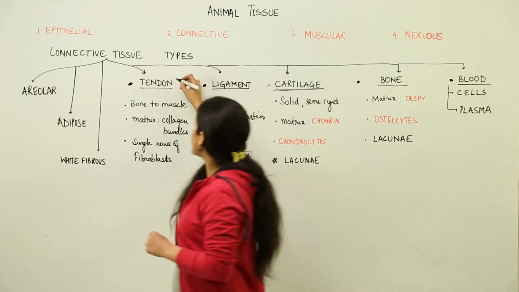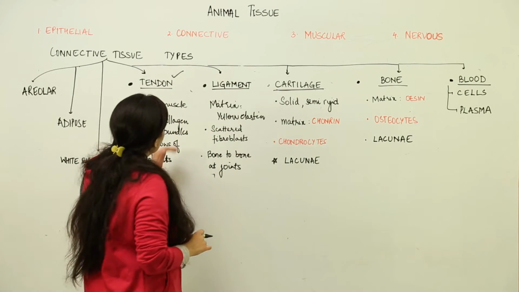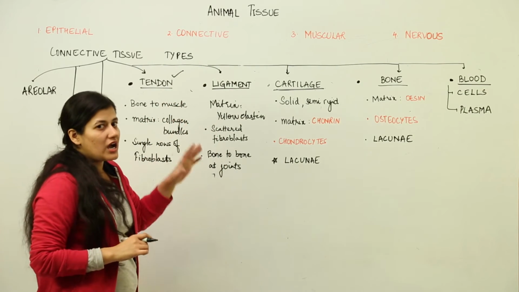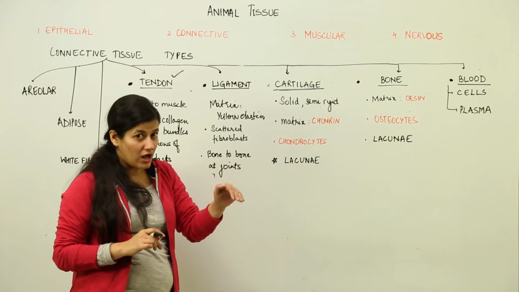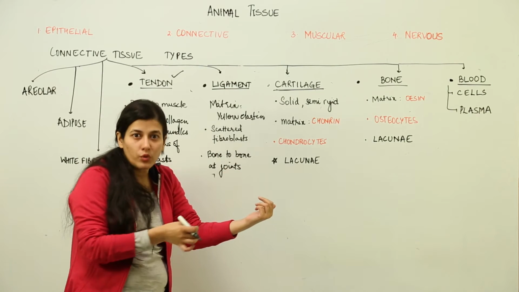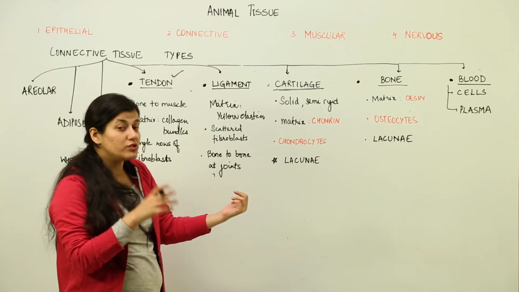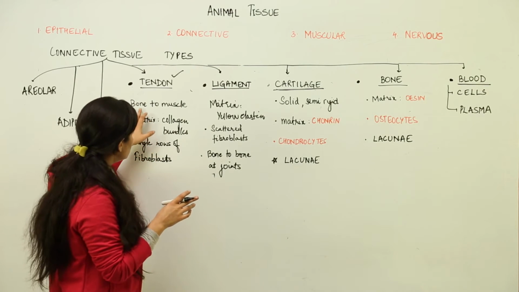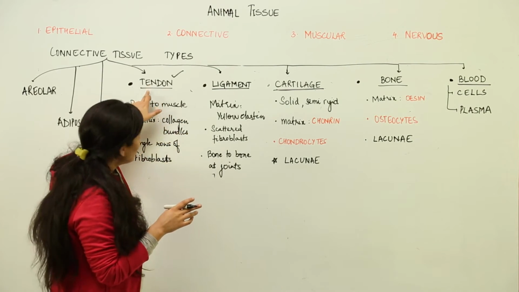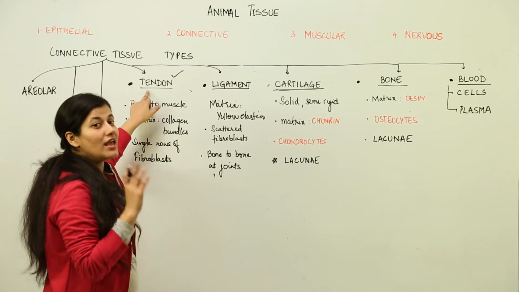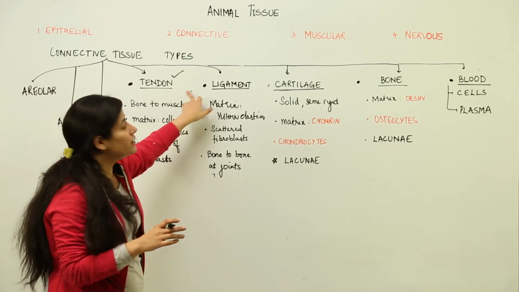So let us see the case of tendon first. Now what is a tendon all about? We are not able to move our muscle away from the bone. So that particular tissue which joins the skeletal muscles to the bone is an inextensible tissue. Please remember, inextensible tissue is the tendon.